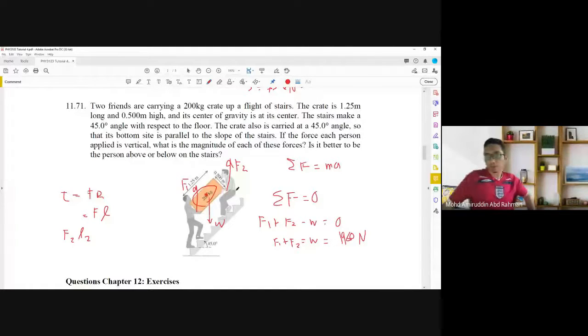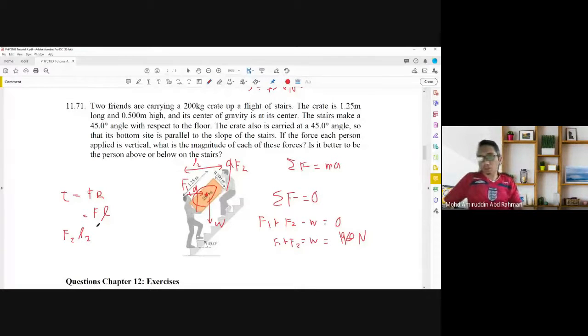And then we have the weight and LW, somewhere LW over there, and then this is L2.